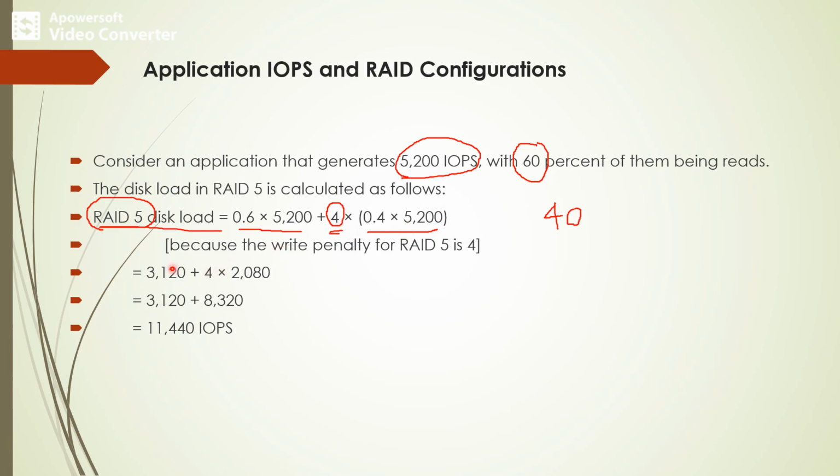So I'll get 0.6 into 5200, that is 3120, plus 4 into 2080. So I'll get the total IOPS with respect to RAID 5 as 11,440 IOPS.